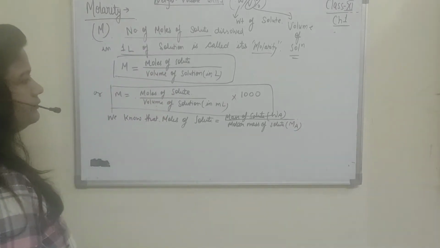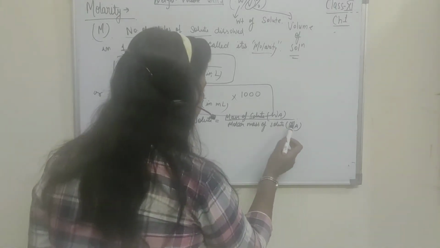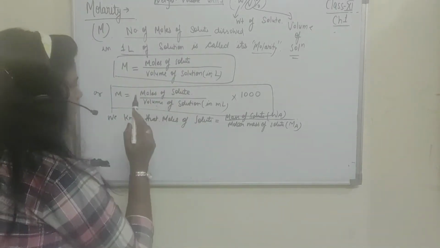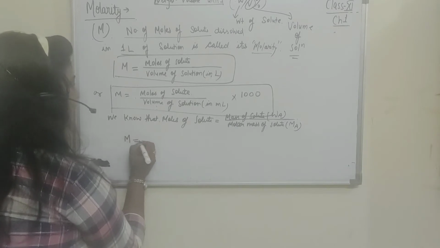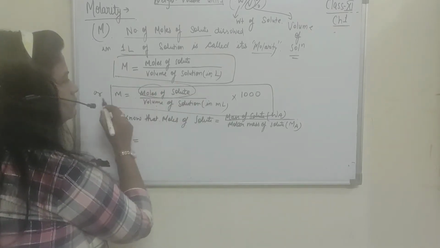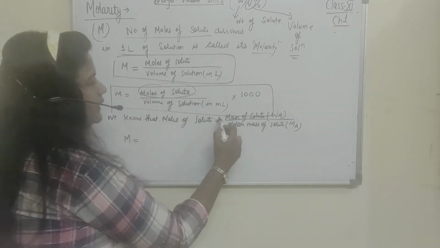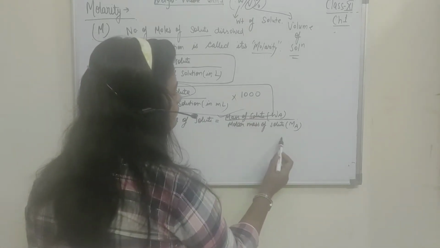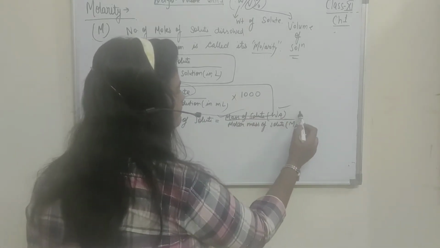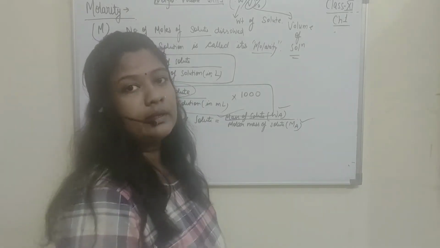So we will write this expression in this formula. Then capital M will be equal to, in place of moles of solute, mass of solute upon molar mass of solute, represented by WA and capital MA.